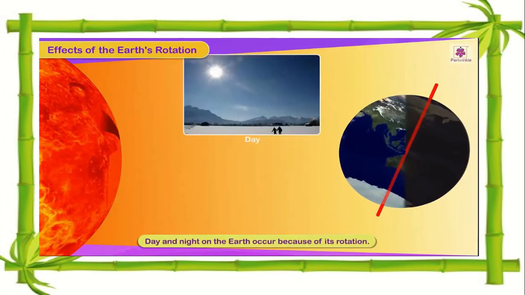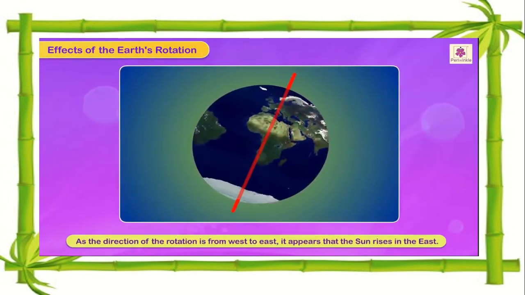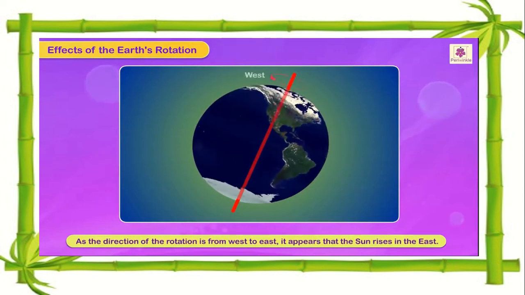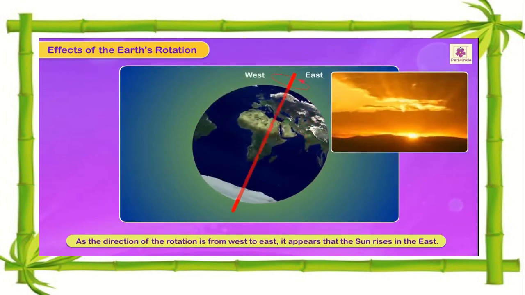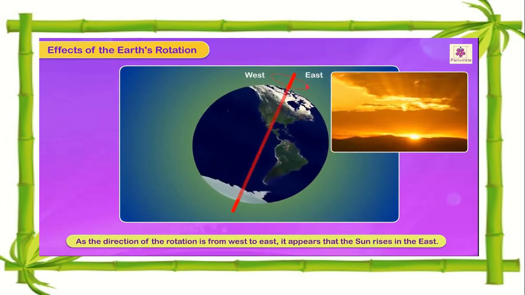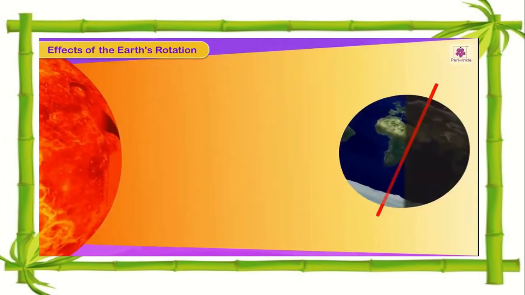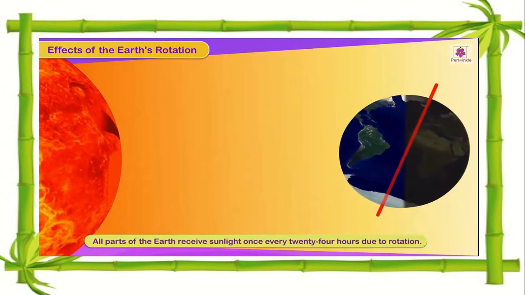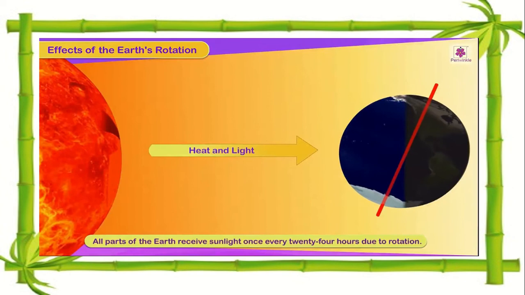Thus, day and night on the Earth occur because of its rotation. As the direction of the rotation is from west to east, it appears that the sun rises in the east. It is only because of rotation that almost all parts of the Earth receive sunlight once every 24 hours.